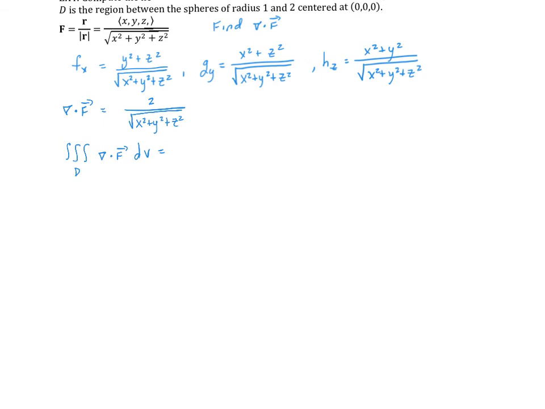Now, when we look at our region, the region is between two spheres, one of radius 1 and one of radius 2. So since they're spheres, I'm thinking spherical coordinates. And so now this is simply a triple integral using spherical coordinates. So go way back to when we first started talking about cylindrical and spherical coordinates when we were doing our triple integrals.